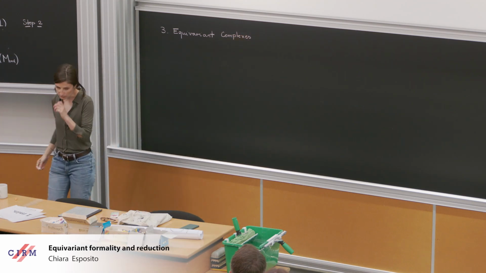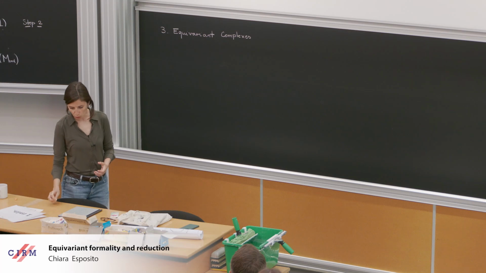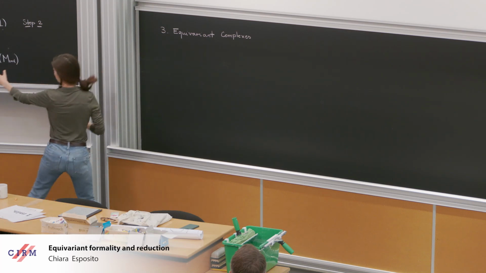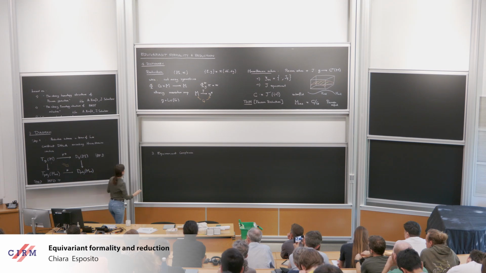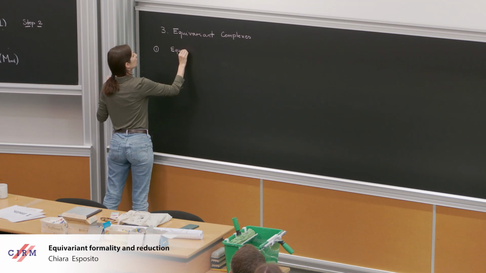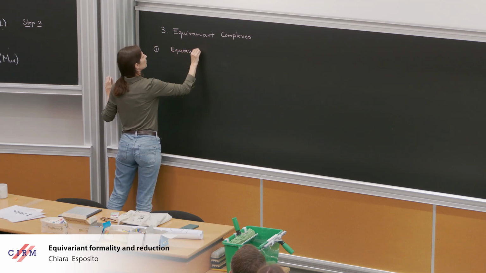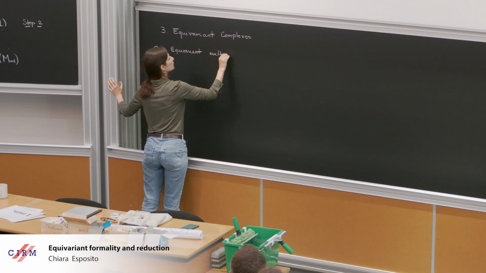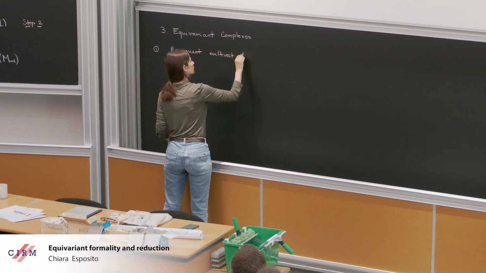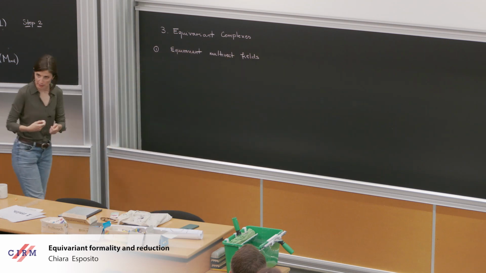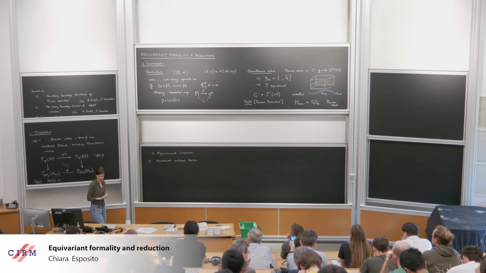Okay, so as I told you, let's start with this part of the story. With the equivariant multivector fields, I want to encode the information of a Hamiltonian action.